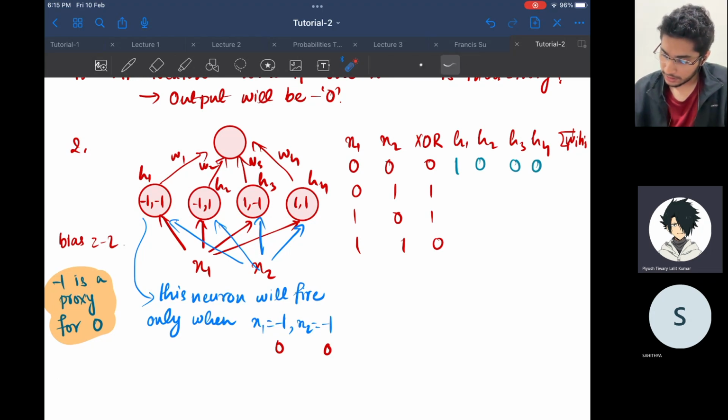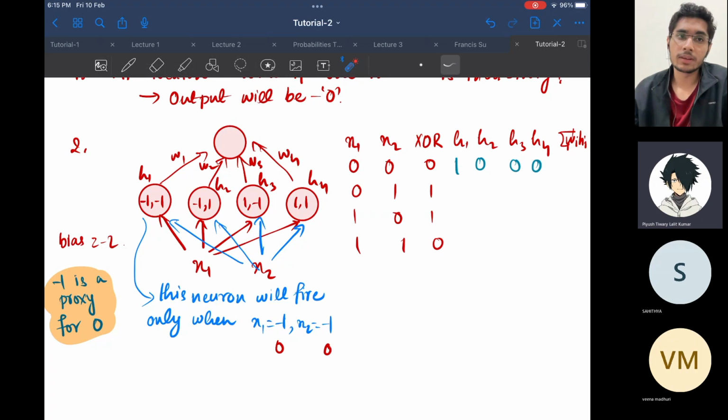Similarly, when x1 is -1 and x2 is 1, which neuron will fire? More people coming in. When x1 is -1 and x2 is +1, which neuron should get activated?